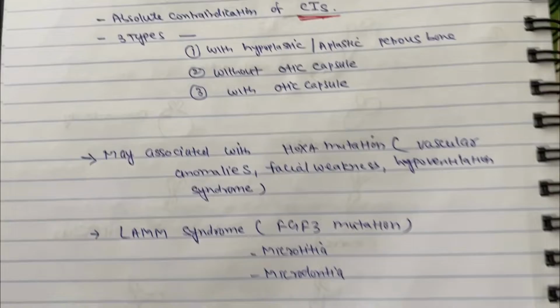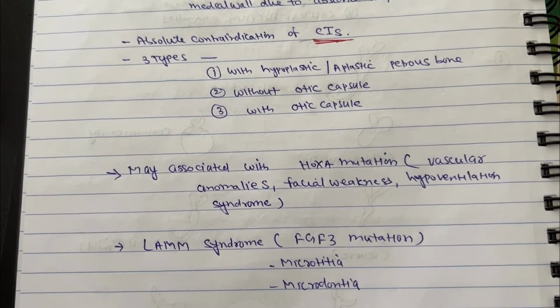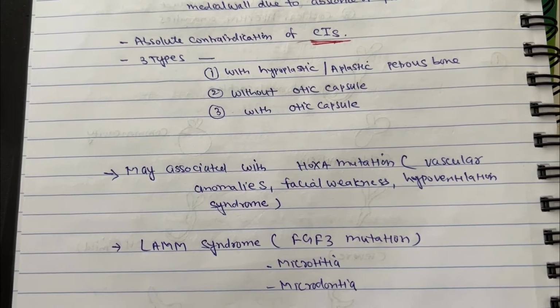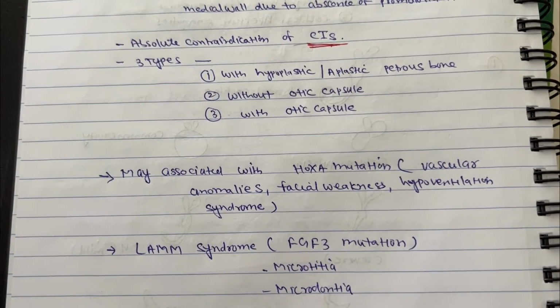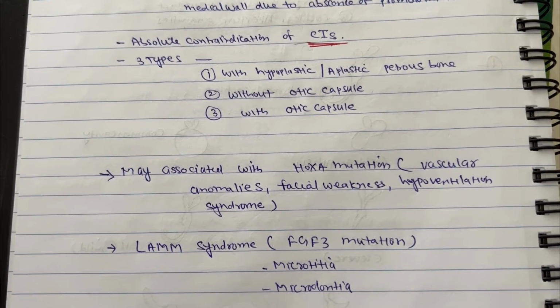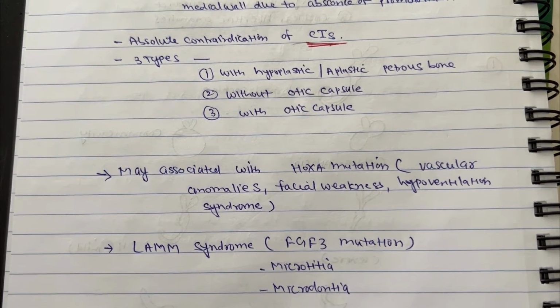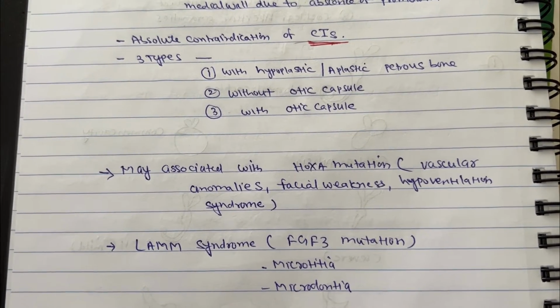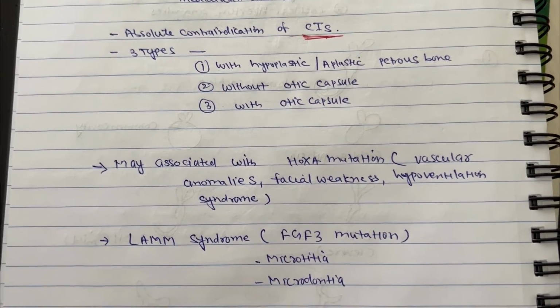It may be associated with the HOXA1 mutation, which causes vascular anomaly, facial weakness and hypoventilation syndrome. It may also be associated with LAMM syndrome, in which an FGF3 mutation is there, and macrotia and microdontia are also present.